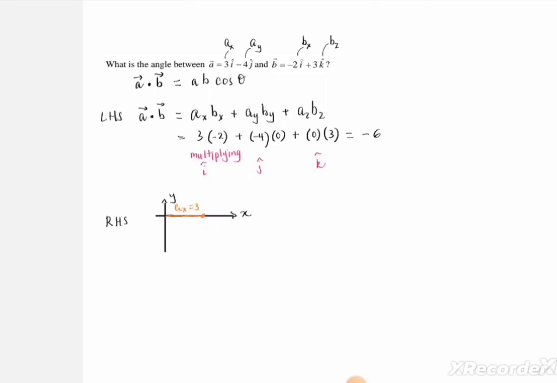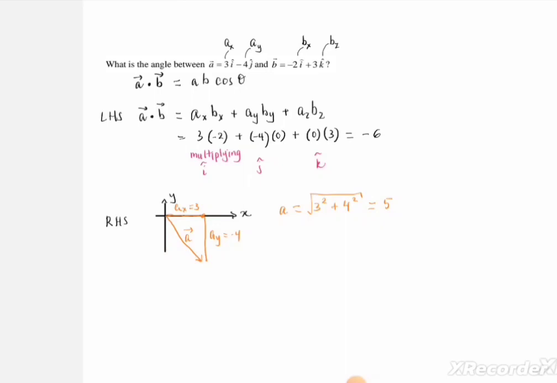And then from there, we don't go back to the origin. From there, we draw our AY, which is negative 4. So from start to stop is our A vector. So the magnitude of A is the square root of 3 squared plus 4 squared, which gives us 5.